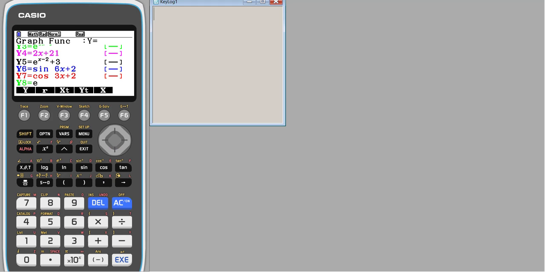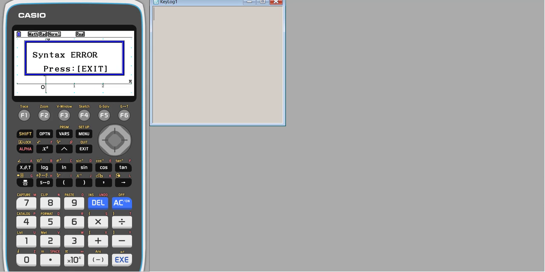The first one is e to the power of 2x minus 3, and that should automatically select. The second one is log of 2x plus 1, and that should select.